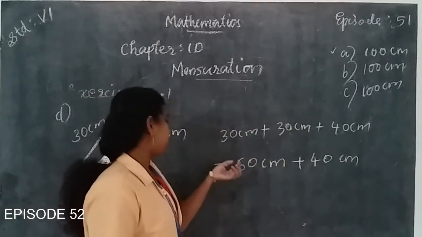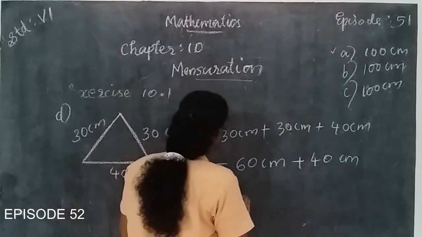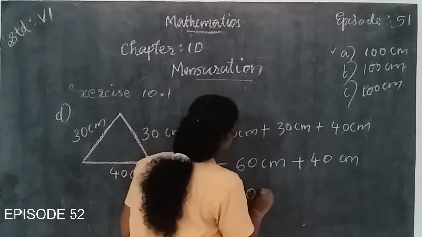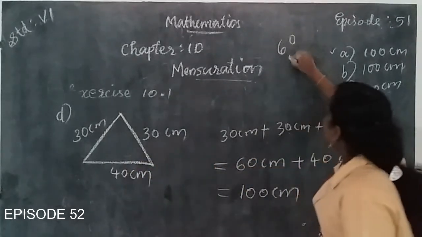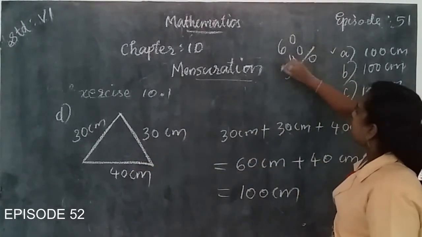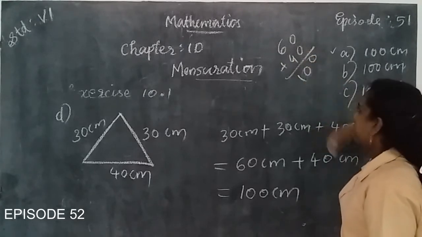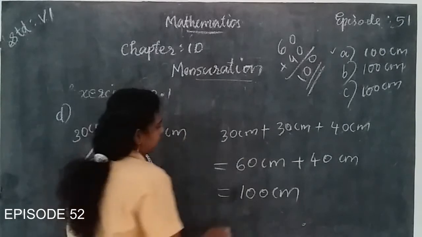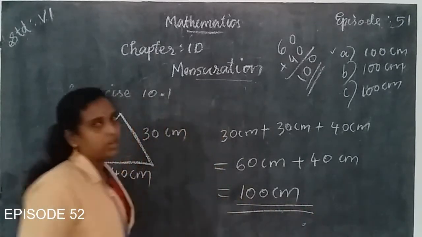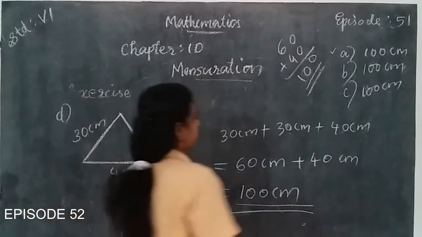When we add 60 plus 40, we get 100 centimeter. 0 plus 0 is 0, 6 plus 4 is 10. So you get 100 centimeter as the perimeter of the given triangle.